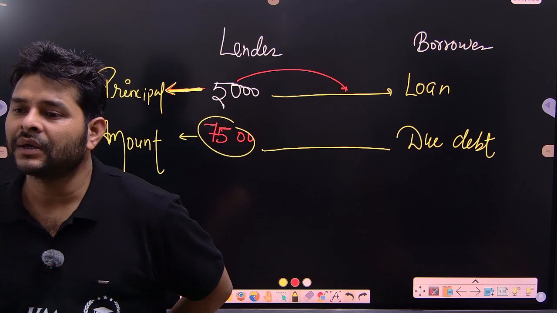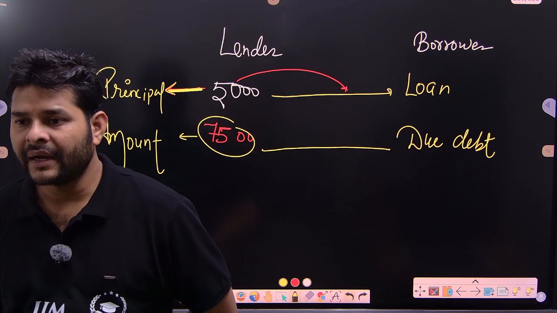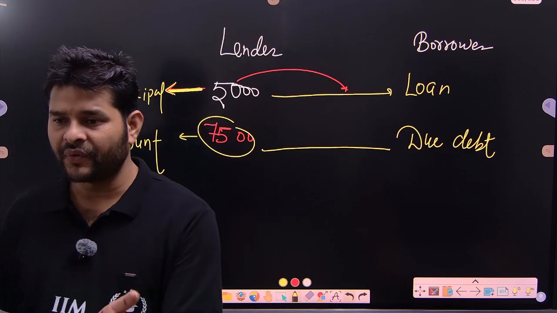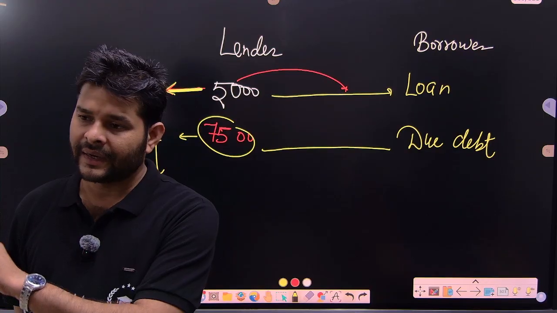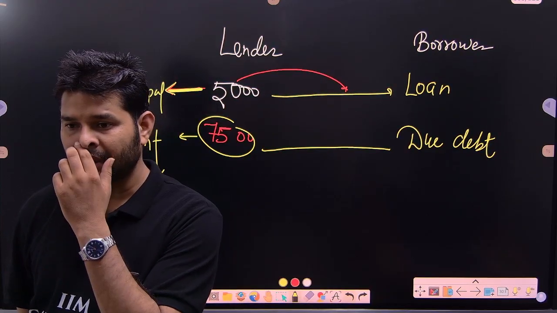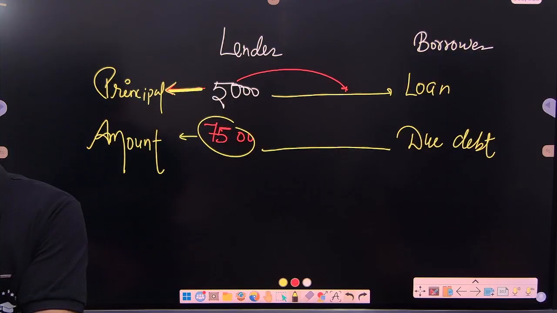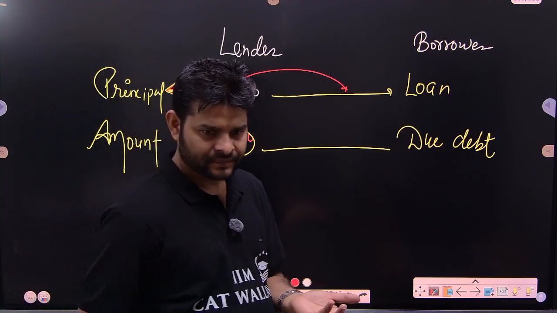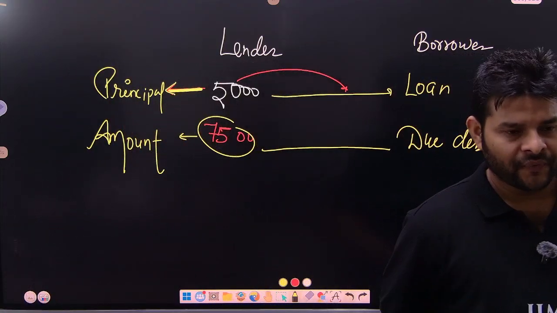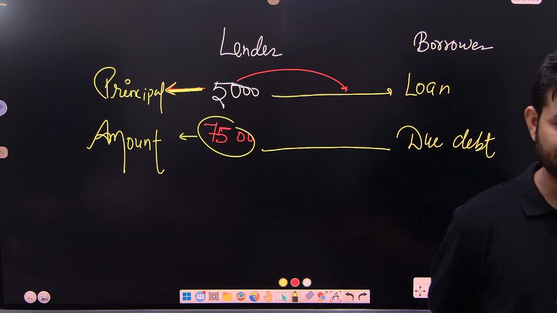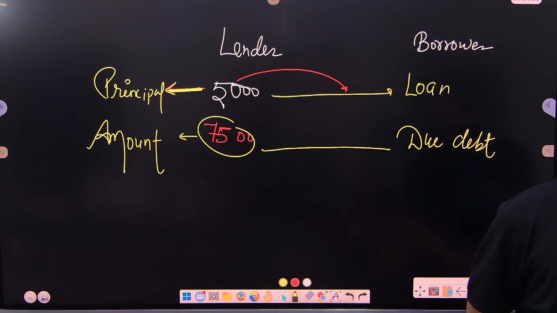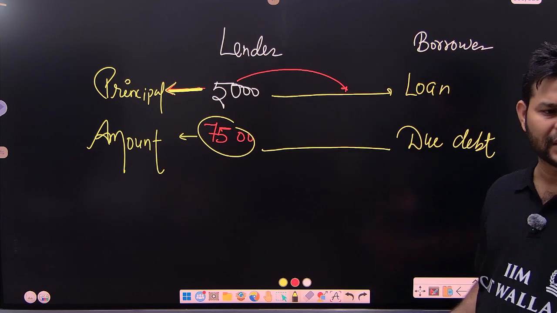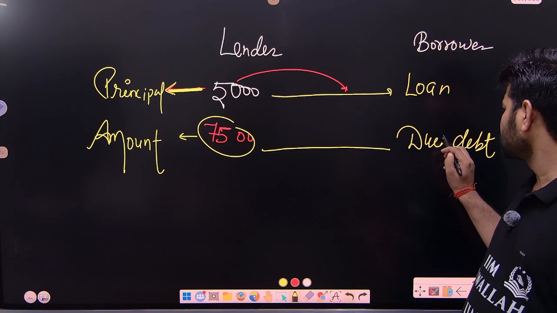Amount for the lender, and due debt for the borrower is the same amount. The term is different, the value is same: 7500 is the same. But for the lender and for the borrower, the meaning of that 7500 is completely different. Obviously, dues means what? Guys, dues means what?